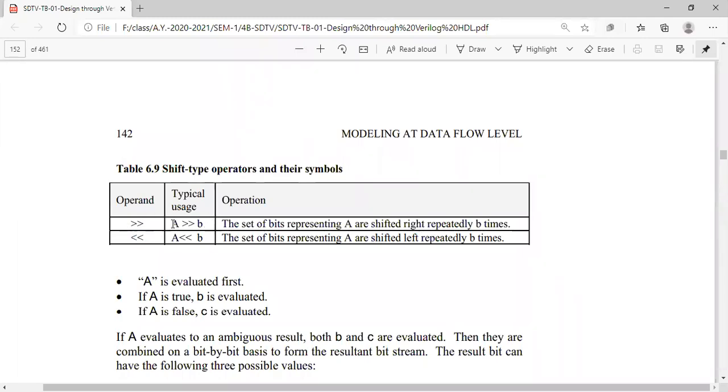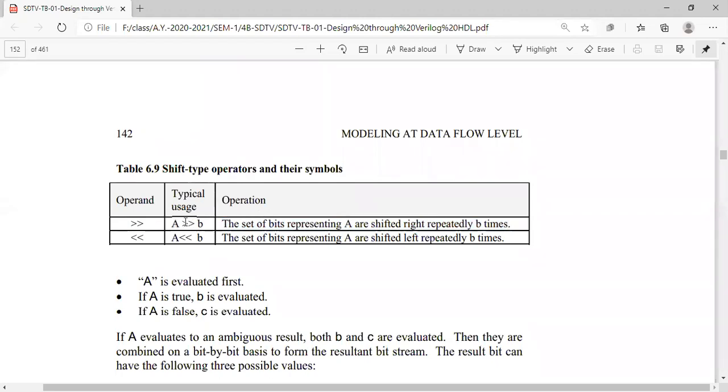So first I write the operand, then I write the operator, and then I write this B. What does this mean? A set of bits representing A are shifted right repeatedly by B times. Okay, we want to shift B times.